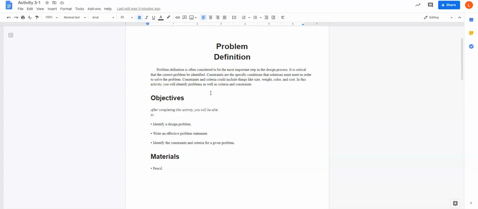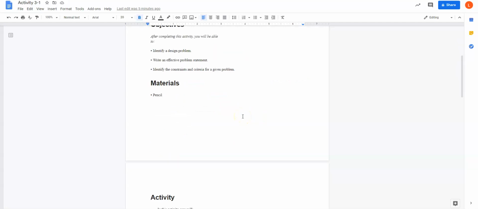It is critical that the correct problem be identified. Constraints are the specific conditions that solutions must meet in order to solve the problem. Constraints and criteria could include things like size, weight, color, and cost. In this activity, you will identify problems as well as the criteria and the constraints.